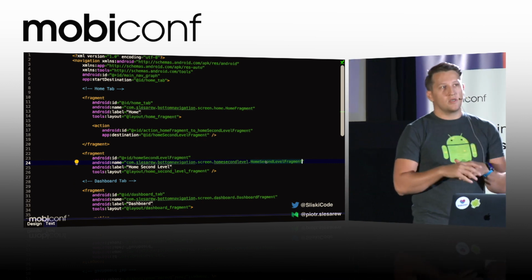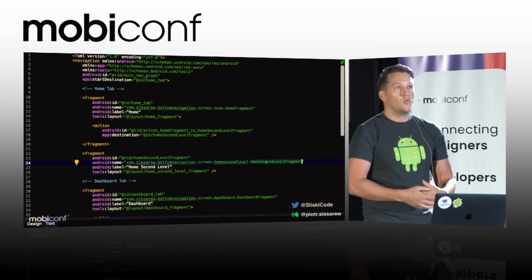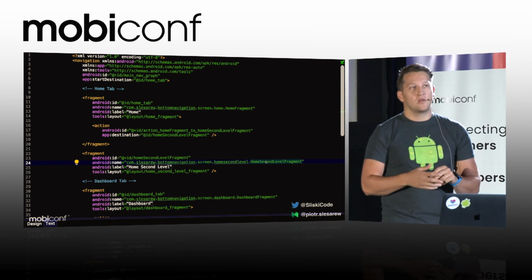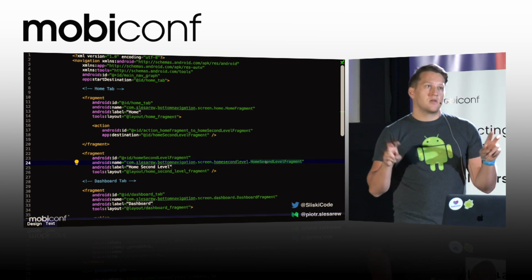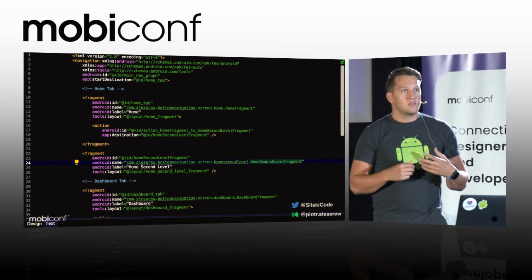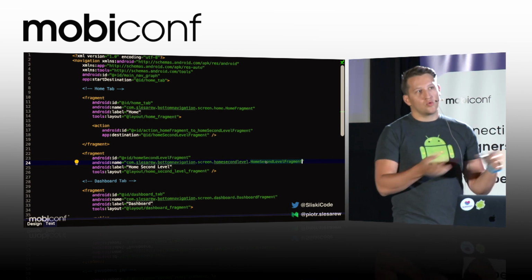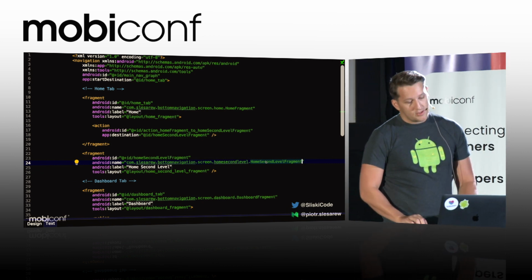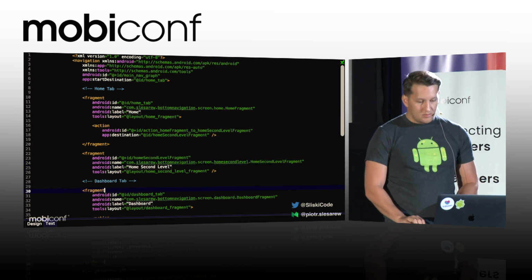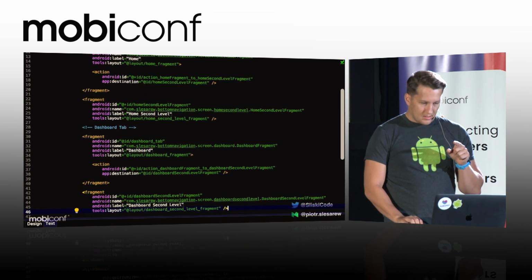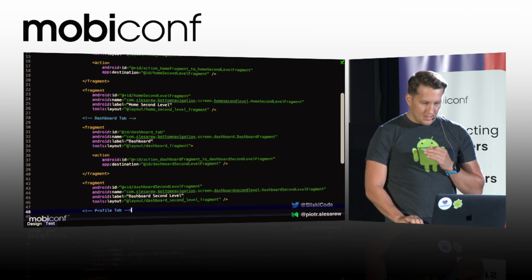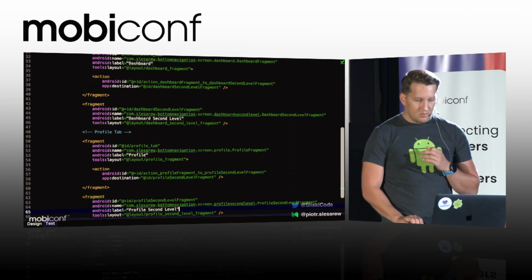We can glue everything in the XML, and then we invoke those functions that are not generated, but are extension functions on our existing OS types, that we can just supply with the ID and go to the action. That's great. So we have a home tab, we have a dashboard tab, and we have a profile tab.